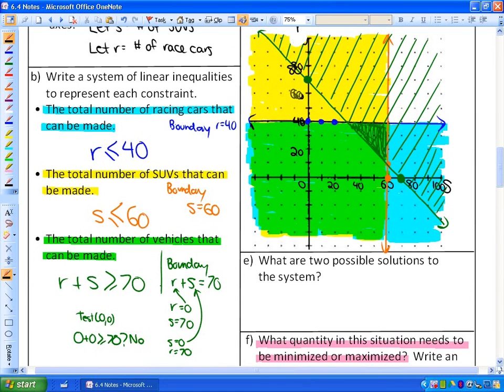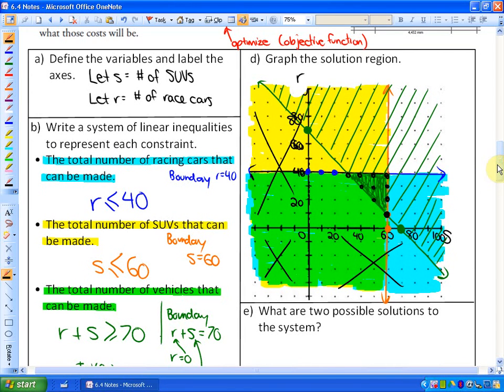You should be crossing out any of the negative quadrants. And you should also be putting integer points inside the solution region, because you can only make or sell whole cars. Part D is already done. We did it as we came up with our constraints. So graph the solution region. We have it here. These are all the possible combinations of cars that can be made.